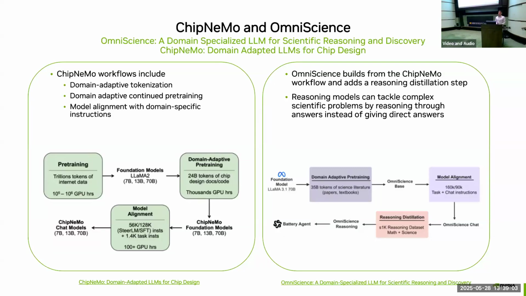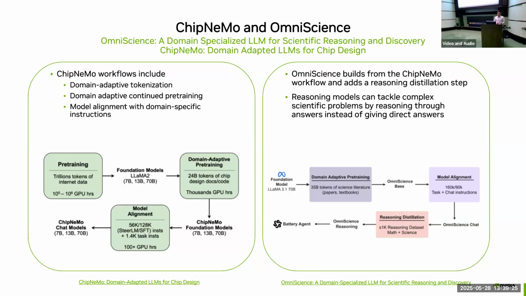So just comparing ChipNeMo and Omniscience from a super high level, we have ChipNeMo here on the left, and some of its workflows that we use to do this domain adaptive training include domain adaptive tokenization, and we heard a little bit about tokenization earlier and the importance that plays in training our models, and we'll dive into that in more detail later.